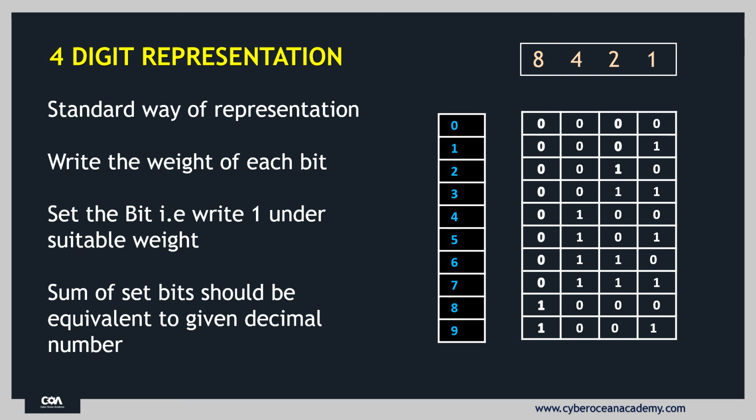So we put 1 under those weights in front of the decimal number 5, which gives 101. So in 4 digit representation you represent 5 as 0101, and we have to put 1 in such a way that the sum of the weights at those positions equals the decimal number.